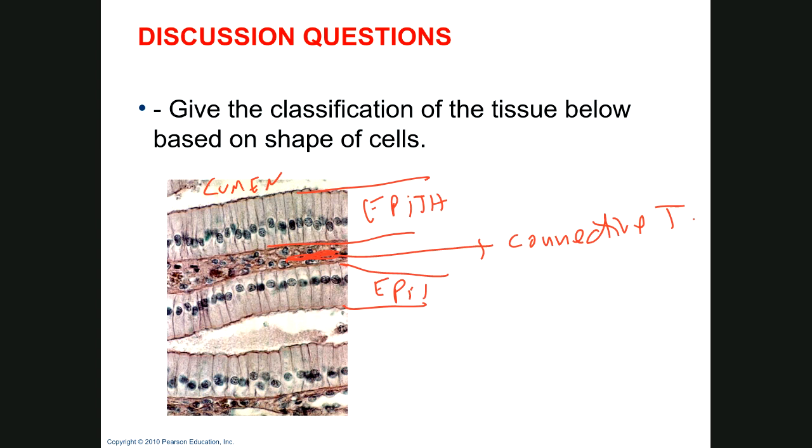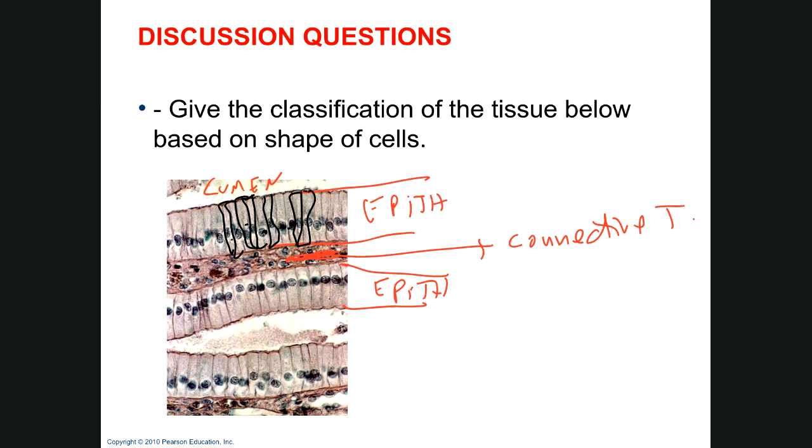And both layers are made of columnar cells. So this is one columnar cell, that's another one. These cells are pretty tall. And the little dark circle in the middle is the nuclei of the cell. So these little tall cells, one next to the other, like little soldiers lined up, are one layer of epithelial tissue.